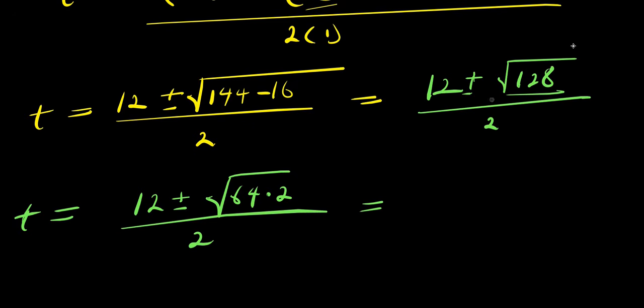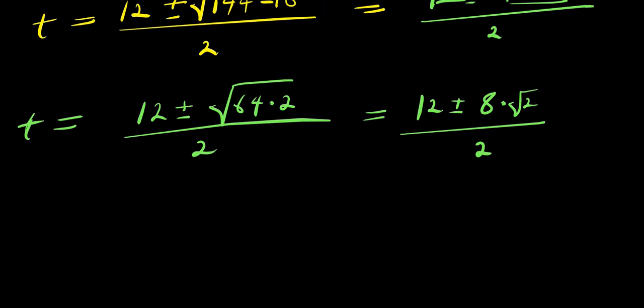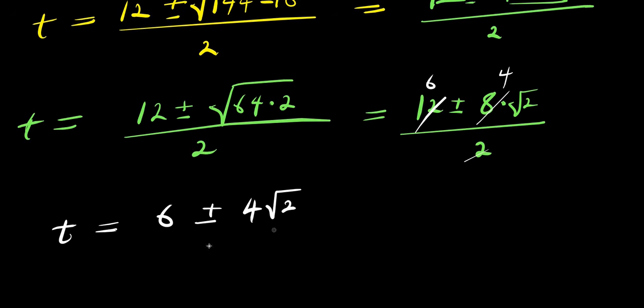And this equals 12 plus or minus the square root of 64, as 8, times root 2, divided by 2. And from here, I can have t equals this 6, this 4. I have 6 plus or minus 4 root 2.